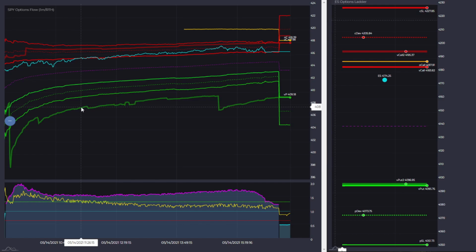They are also important because, as you probably know, the option dealers have their levels where they have to hedge their positions really actively.